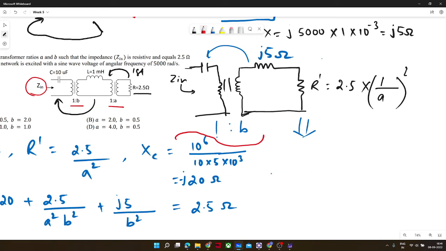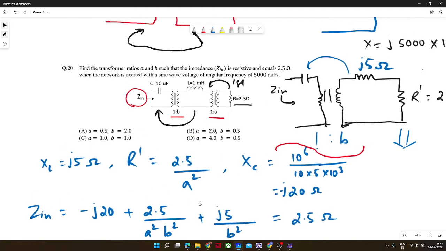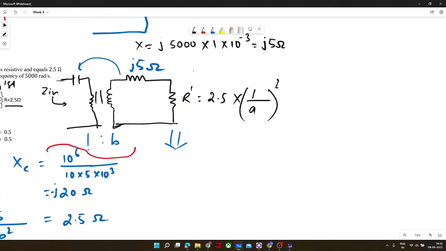For that purpose, R dash is nothing but 2.5 by A square, plus j5 into some turns ratio.